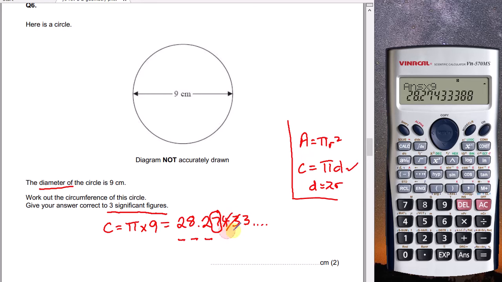You ignore all the others. And then you decide, does it round up or round down? If it's a 5 or more, round up. If it's 4 or less, round down. It doesn't matter what comes after that. It's purely that number. 7 says round up, so we now get 28 point, and the 2 now rounds up to 3 centimetres.